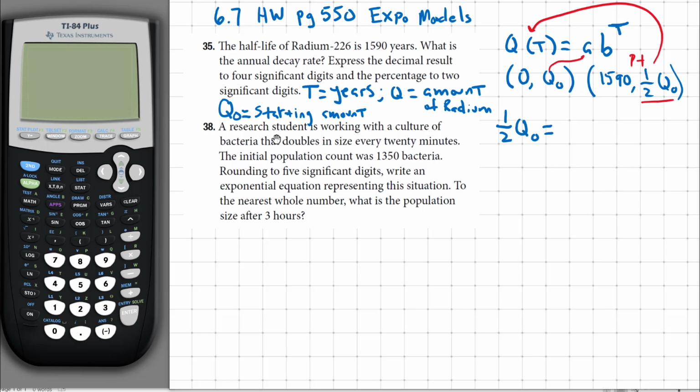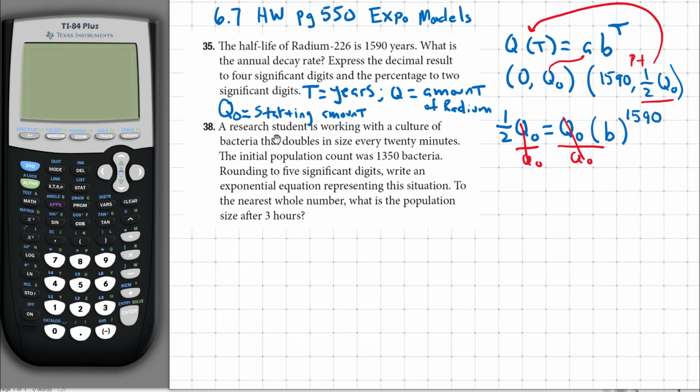1/2 Q naught equals, and then the A, that is the starting amount. Now we don't know what it is, but we're calling it Q naught, times B, and the power, when I plug in, is the 1,590 years. All right, so I'm going to start solving. Let's divide Q naught on both sides.